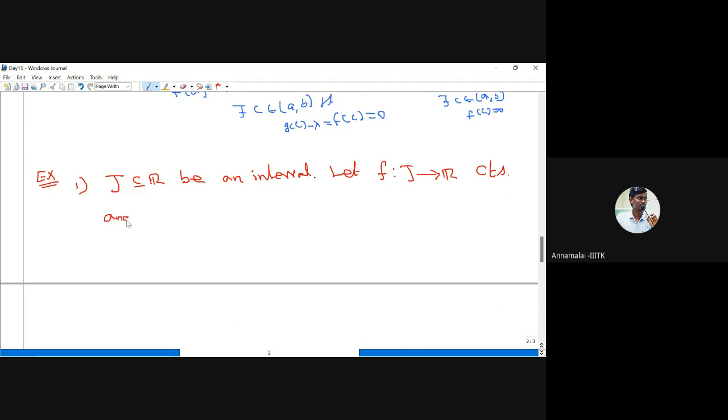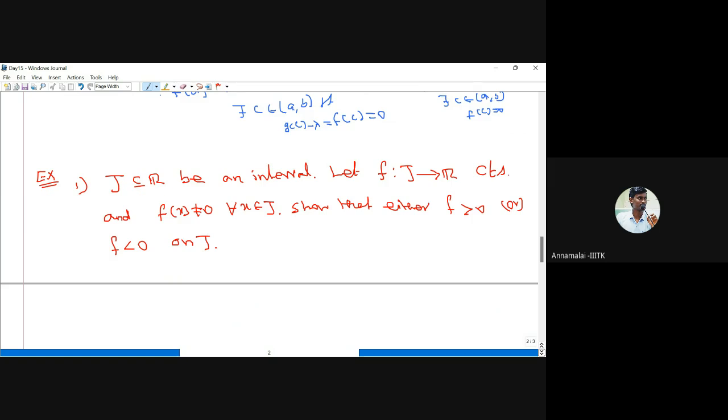We have f of x is non-zero for any point. f of x always takes a non-zero value for any point in the domain. Show that either f is positive or f is negative, it cannot be both, on the interval J. So how to prove this one?